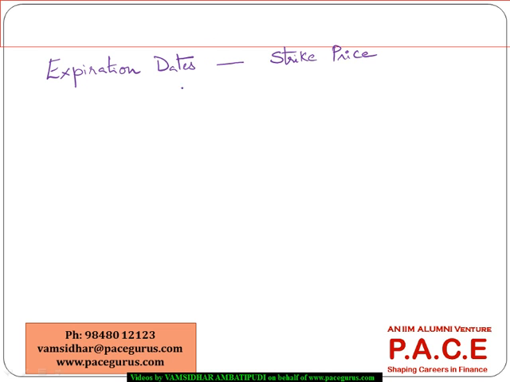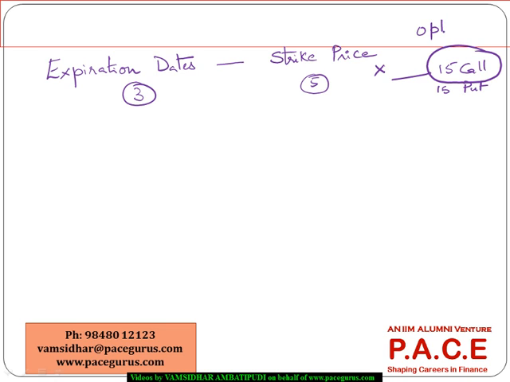So with a combination of these, if there are three different expiration dates and five different strike prices, we see 15 call options trading for this particular security, and 15 different put options could be traded. All these 15 call options for a particular security X are typically called an option class. And within this option class, each of these 15, with a different strike price and a different expiration date, is called an option series.